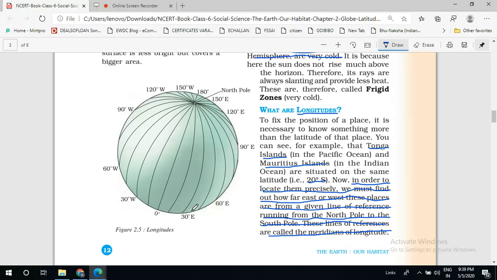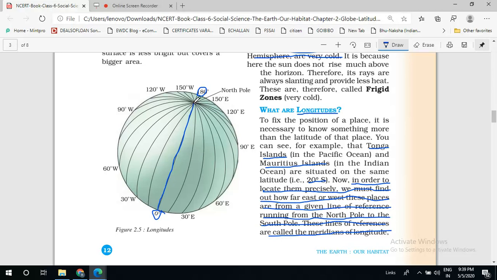In this line you can see there is a zero. This is 0 degree, and this is 180 degree. So this is the same line. This is 0 degree, and it ends at the North Pole.